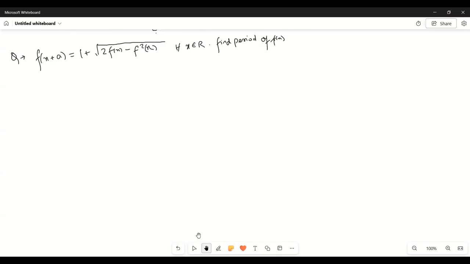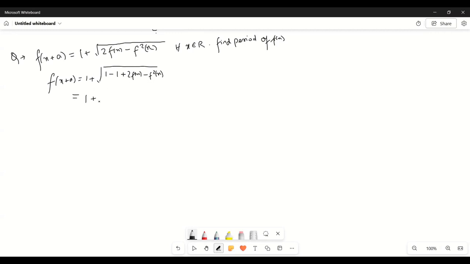So this is a functional equation based question because we are given a functional equation and इस functional equation से period निकालना है. So since we have a functional equation defined for all values, we look something like this. अच्छा, पहले तो let's say we simplify this a bit. F of x plus a is 1 plus root over. Suppose we do a 1 minus 1 plus 2fx minus f square x कर लिया अंदर में.